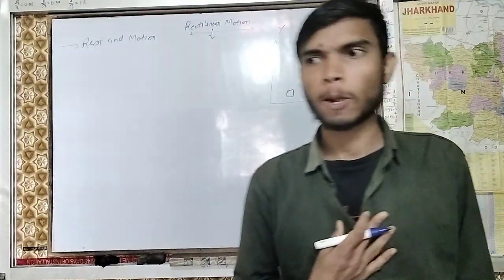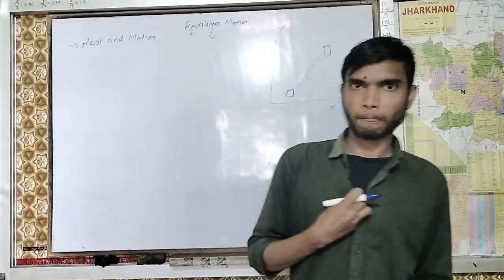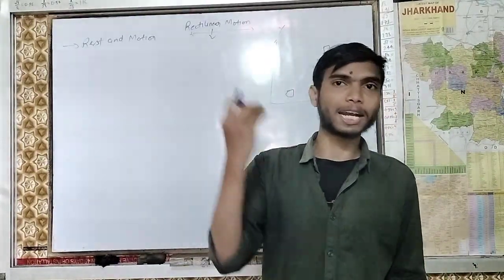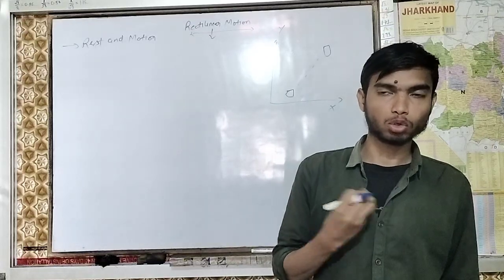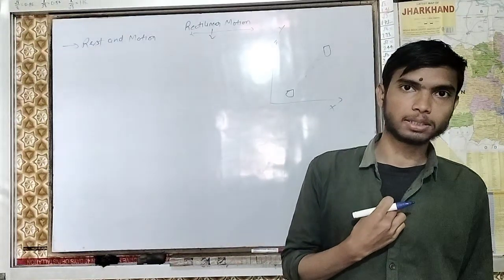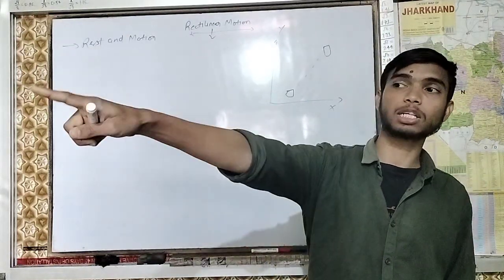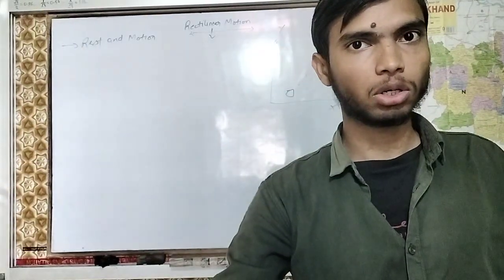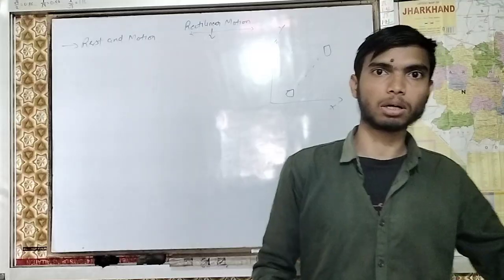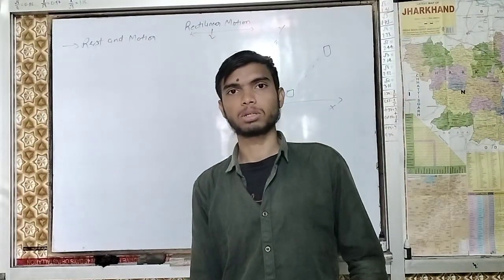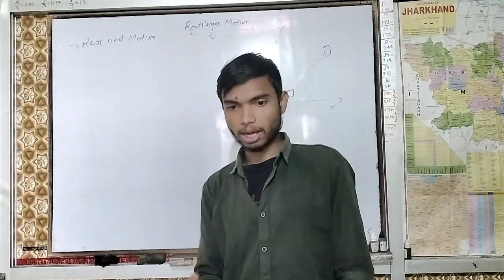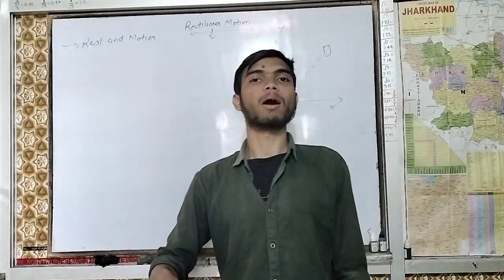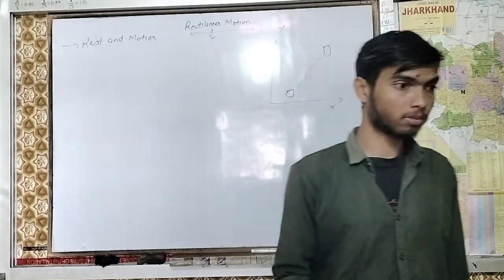Relative rest means according to me, another object is moving or at rest. So who will decide? I will decide that yes, that person is not moving, which means that person is at rest. So I am deciding, not the other person. So I will be the observer, or you can say I will be the frame of reference.